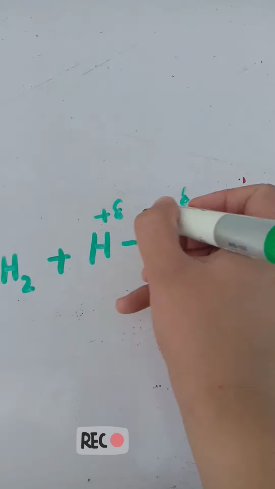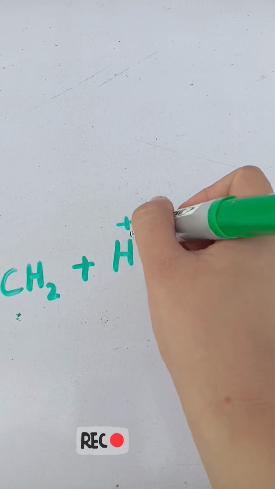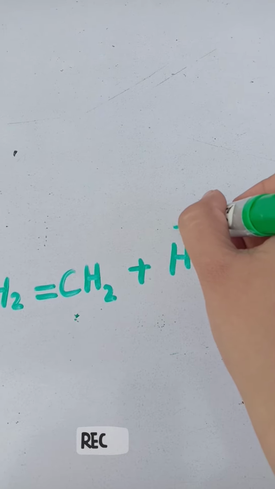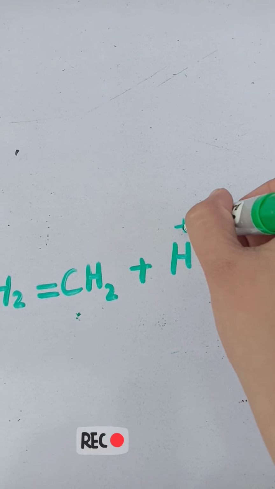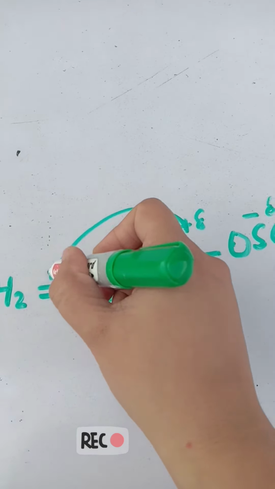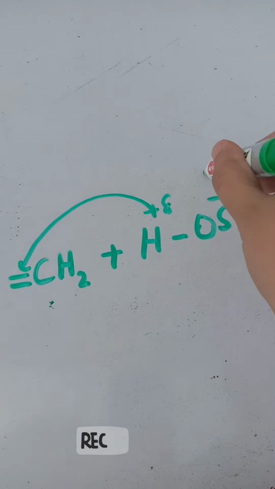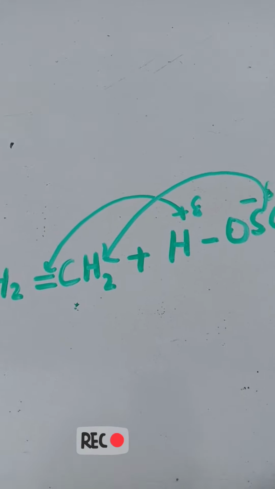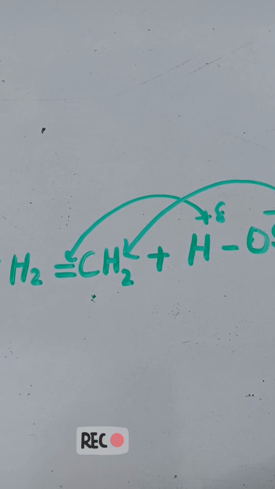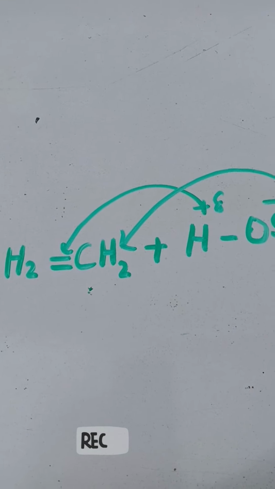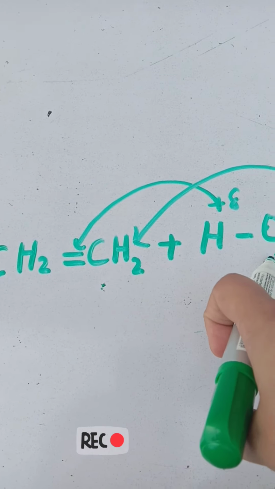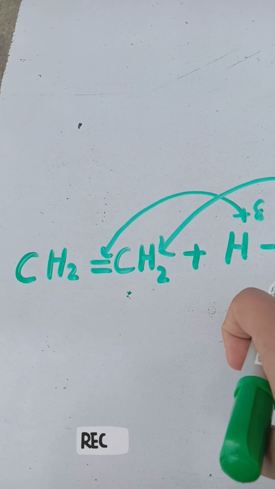So where will this partial positive H attack? This partial positive H will attack the double bond, and this OSO3H will attach with this CH2. How will this partial positive H and OSO3H attach with these compounds, and what product is produced?